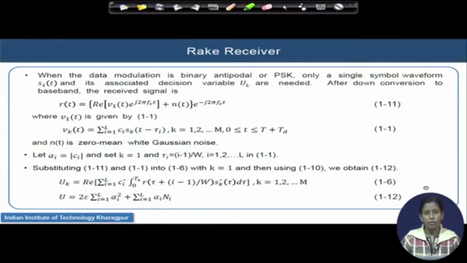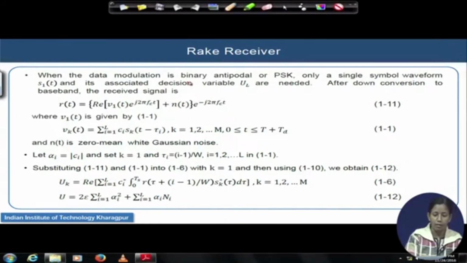Let us consider that we are using BPSK symbols. It is a data modulation running with a binary, antipodal or PSK signal. So, then only a single symbol waveform s1(t) will be associated with us. We do not have anything else. Do you remember, we considered the analysis in the last module as if we have an M-ary set of signals, varying from s1(t) to sM(t).